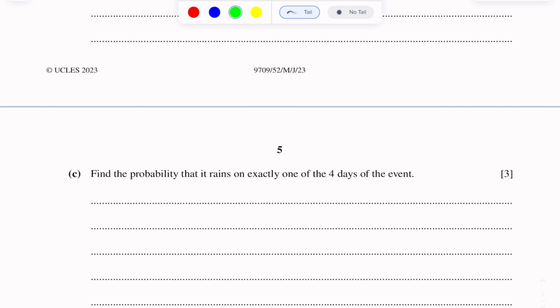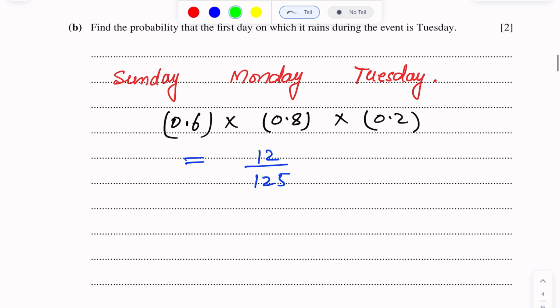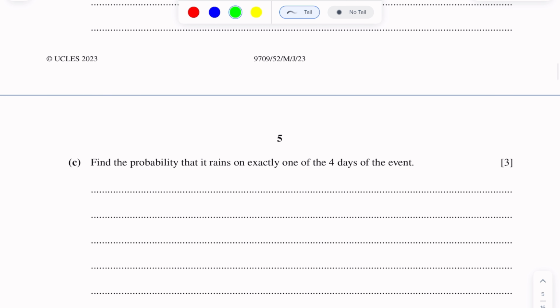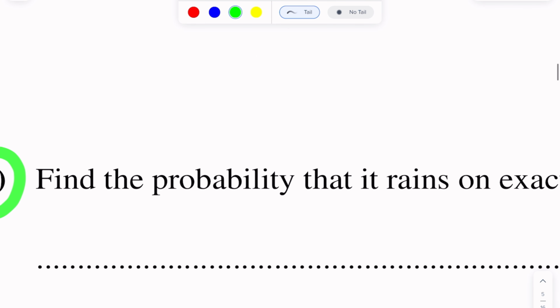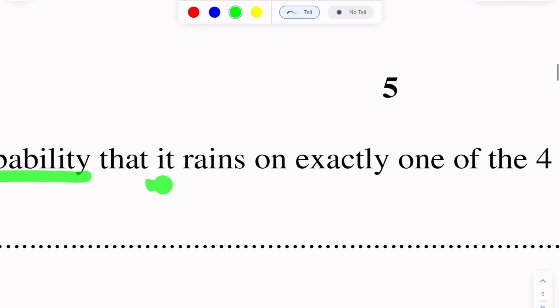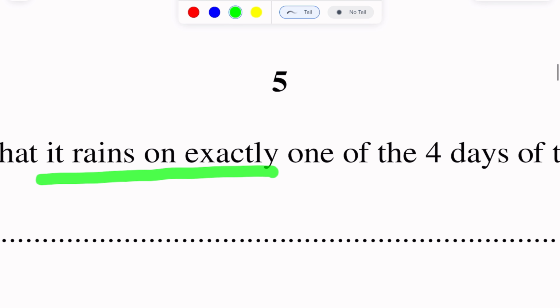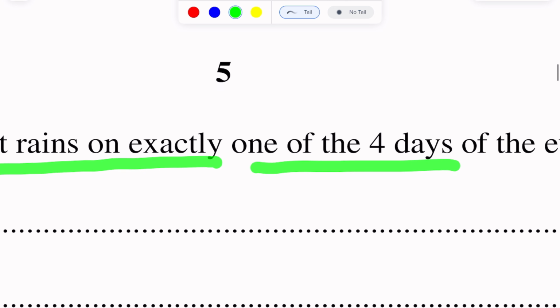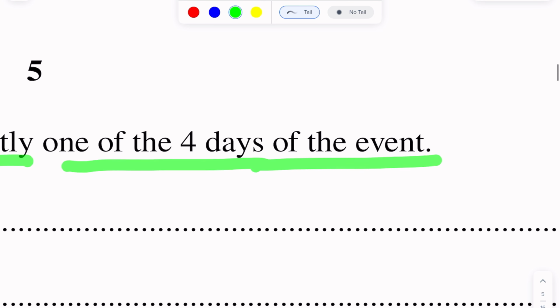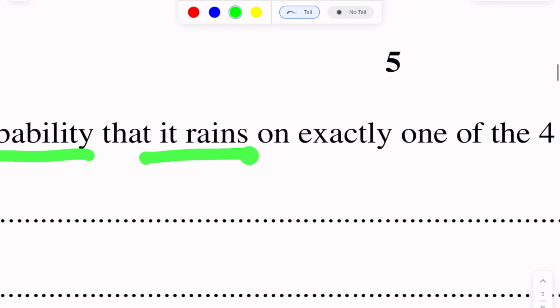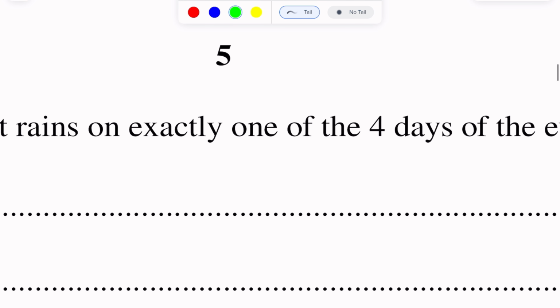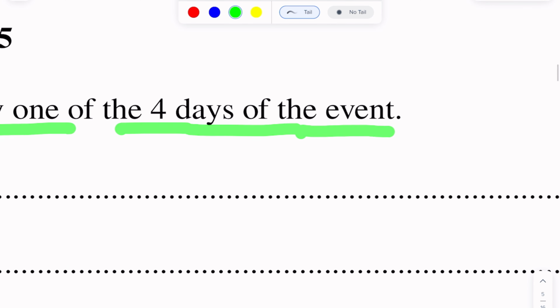The next part of this question, part C, is: find the probability that it rains on exactly one of the 4 days of the event.